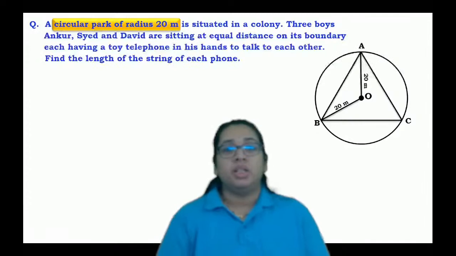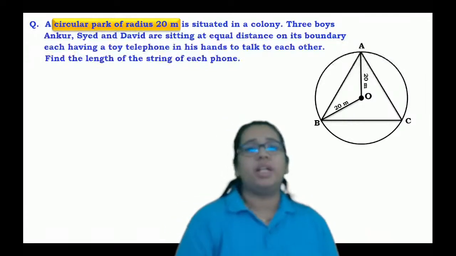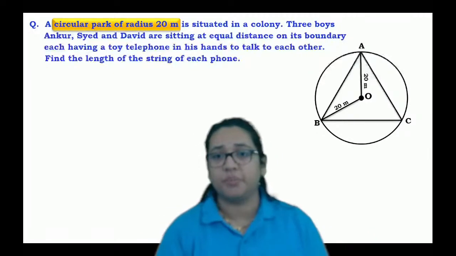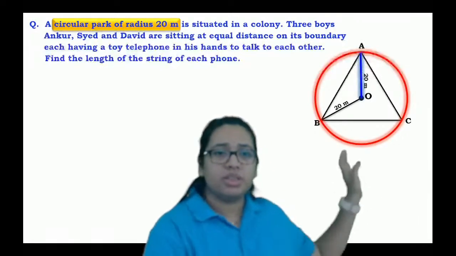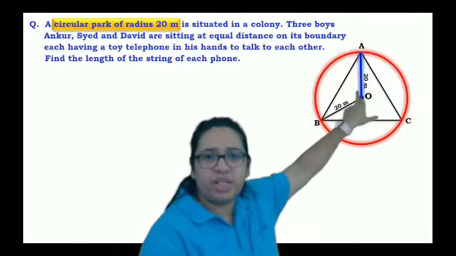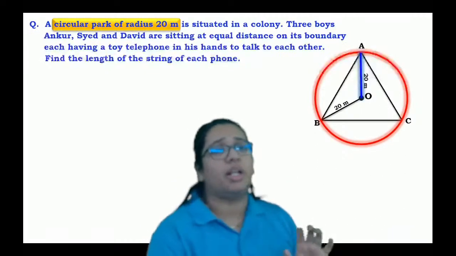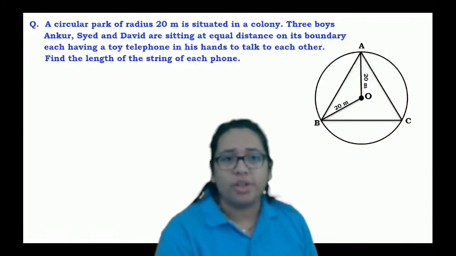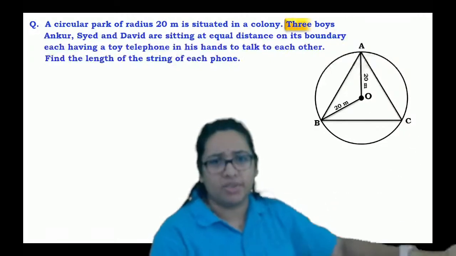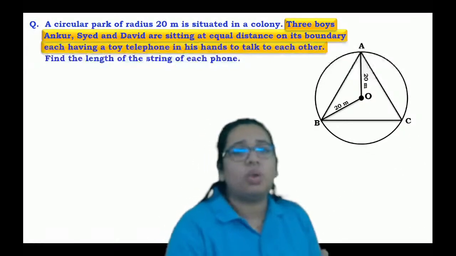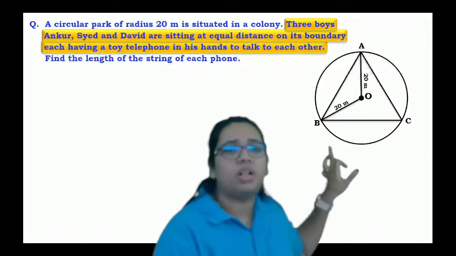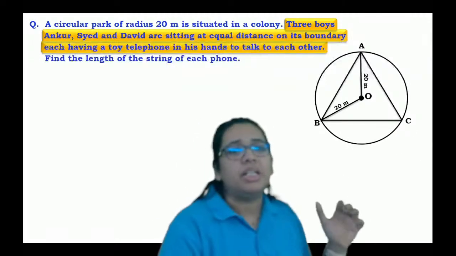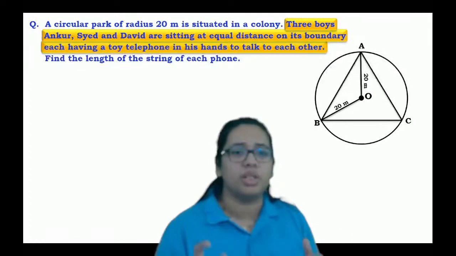A circular path of radius 20 meter is situated in a colony. Three boys, Ankur, Said and David, are sitting at equal distance on its boundary, each having a toy telephone in his hand to talk to each other.